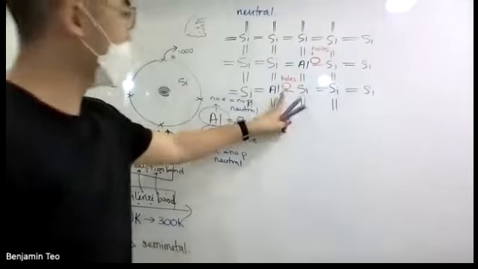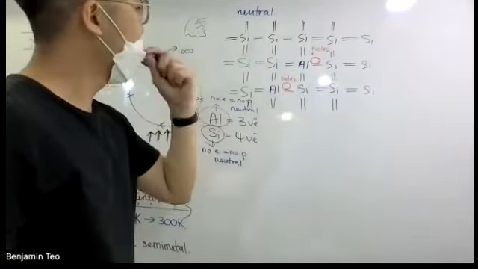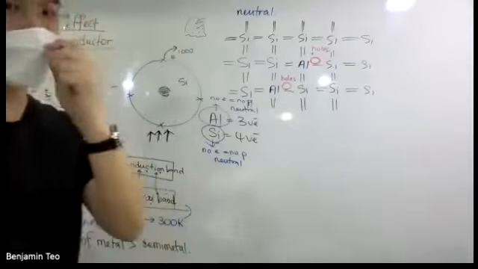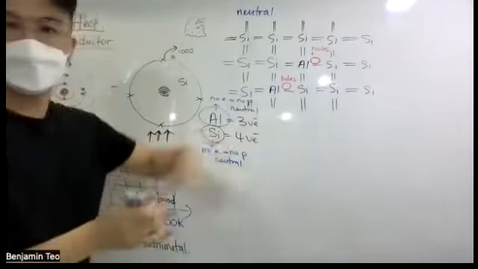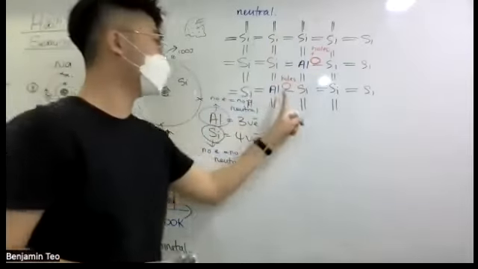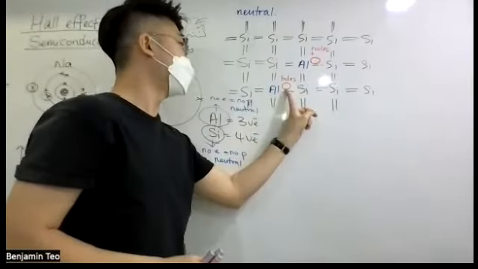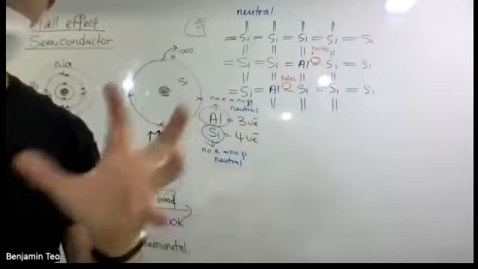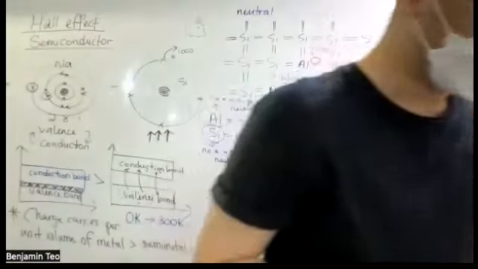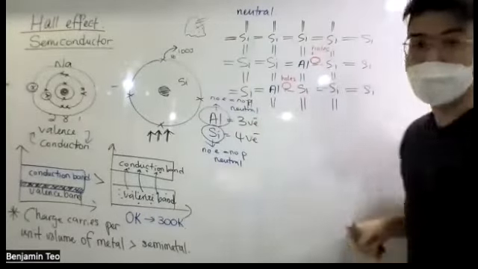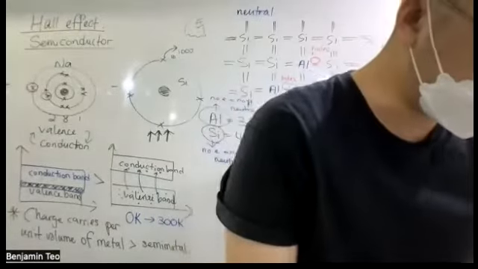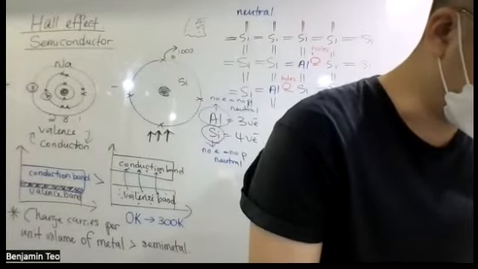It doesn't mean that if it has holes it is positively charged. No, it is still neutral. It is because of the arrangement that it produces these 2 positive charges. If you calculate the number of electrons and the number of protons, it's still equal for the material.